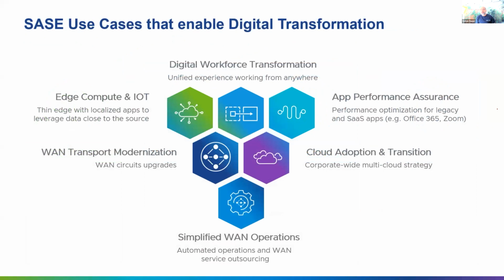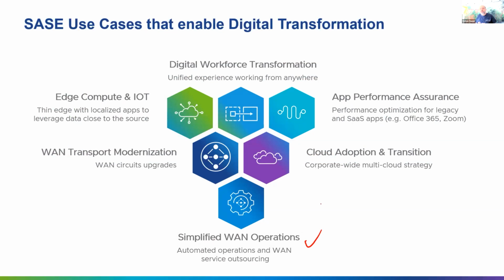Some of the use cases, with this simplification being the key, are where you can automate your day zero or day one operations on the WAN side. How? The moment you have the SD-WAN edge device shipped to your remote location, let's say your branch office, you don't have to sit as an IT admin and configure each and every policy for your application. Okay, I want to use Zoom, this is how Zoom should work.